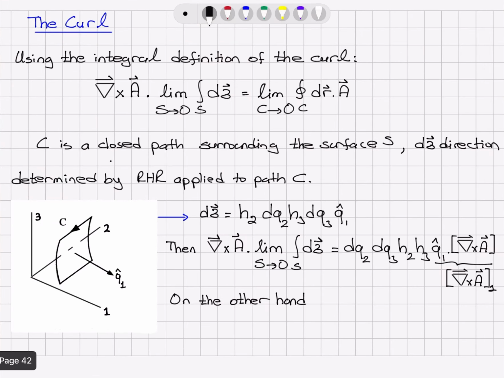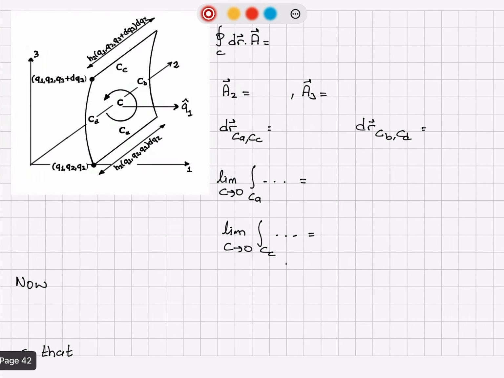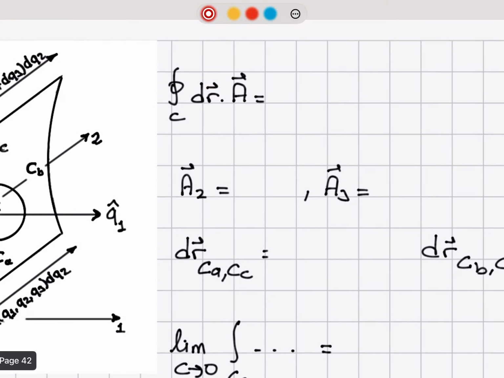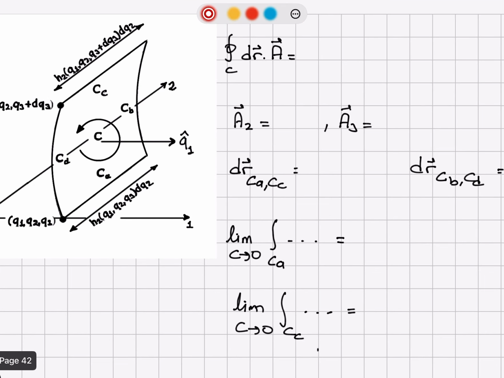All right. On the other hand, if I work on the right-hand side of this equation, the closed path integral dr dot A, that means I'm going through these CA, CB, CC, and CD segments to perform the integration.